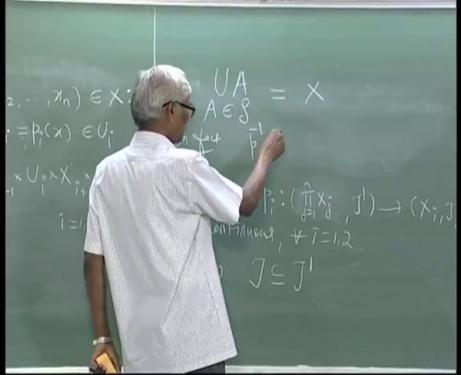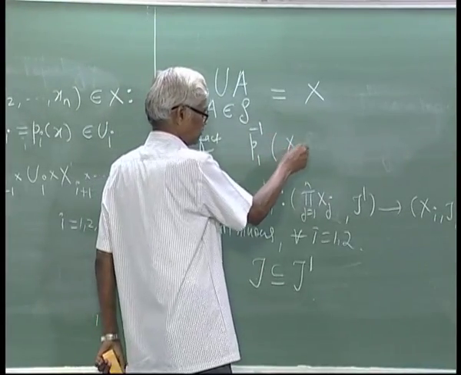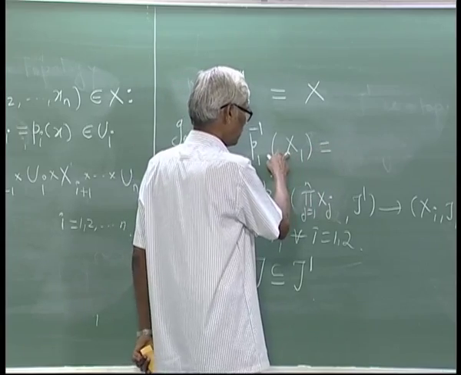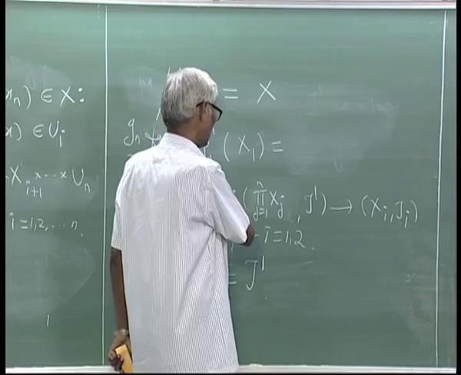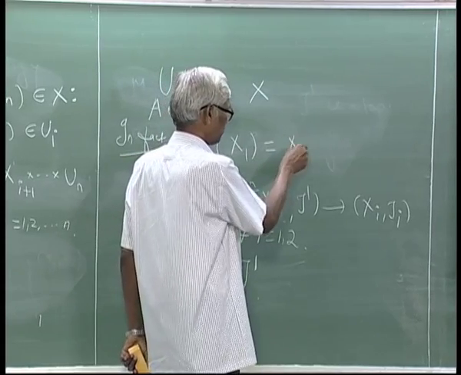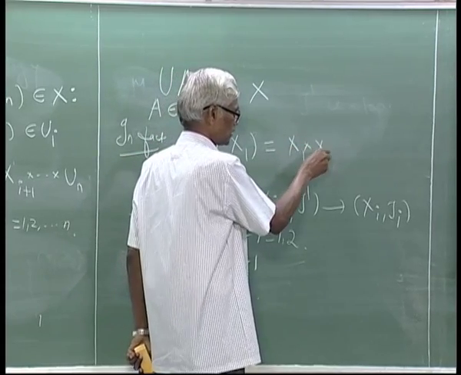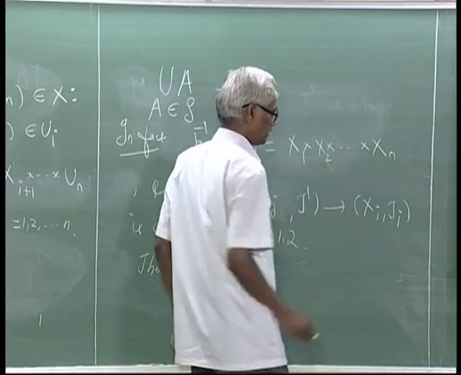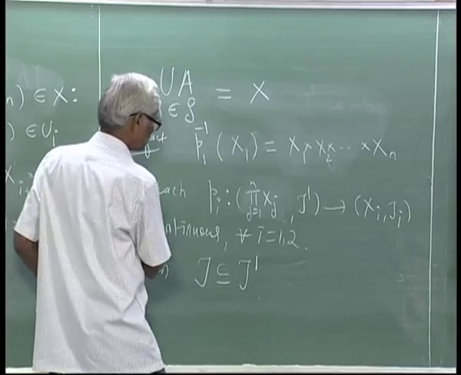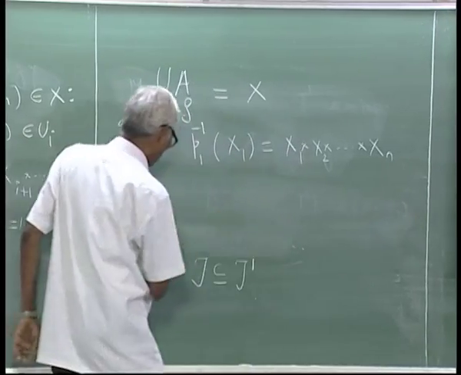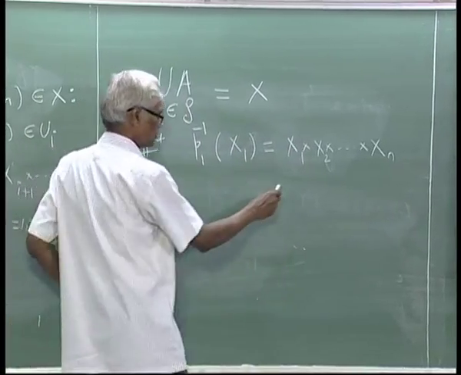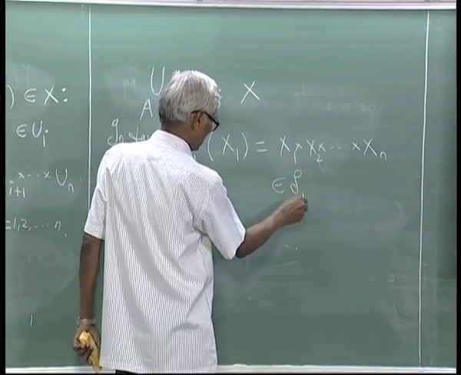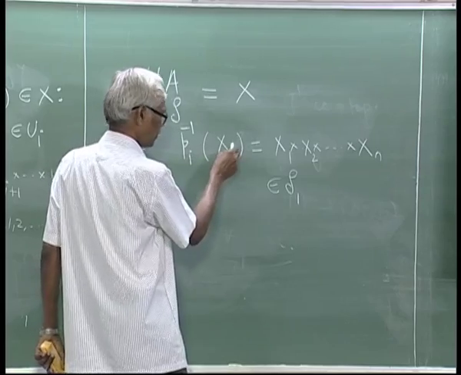So that is P1 inverse of X1, which is the same as taking Ui equal to Xi with i equal to 1, and this will become X1 cross X2 cross ... cross Xn. That means the whole space in fact belongs to S1, and the same is true for any i.